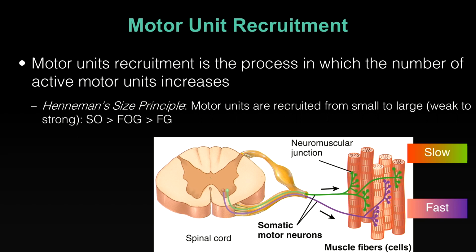And then if that's not enough, you'll recruit the fast glycolytics, the very strong, very large type 2X fibers. And it always works in this hierarchy. From small to large, from weak to strong, depending on the load against which they are working. Henneman's size principle. That's a law of muscle recruitment, or a law of physiology.